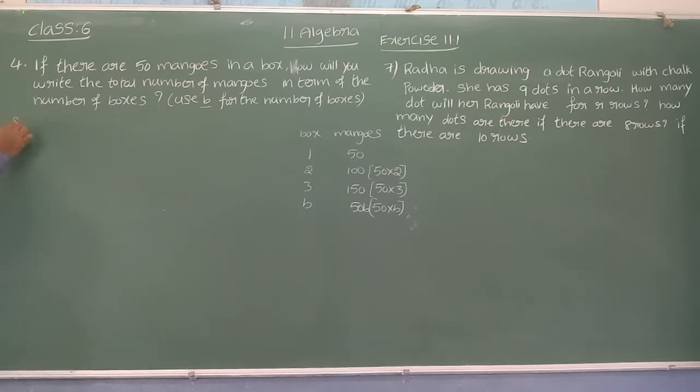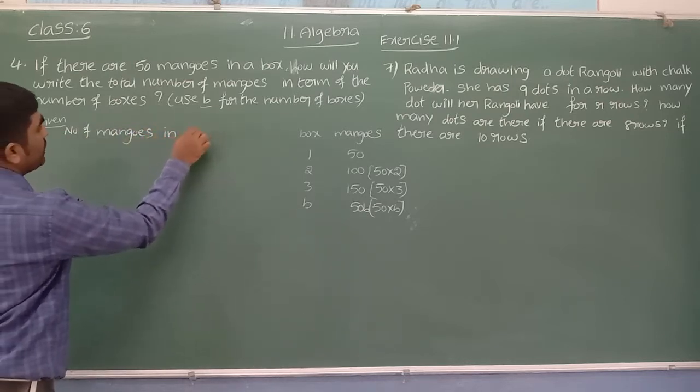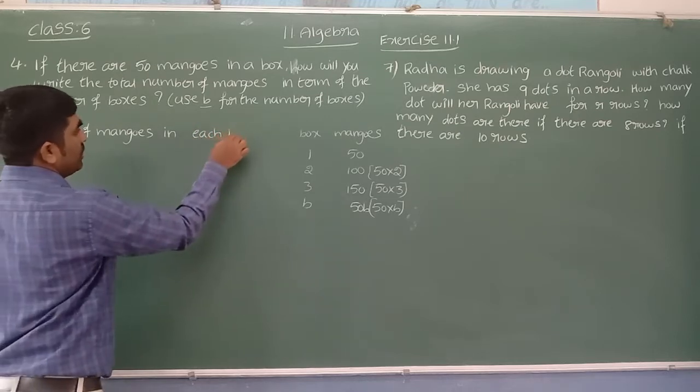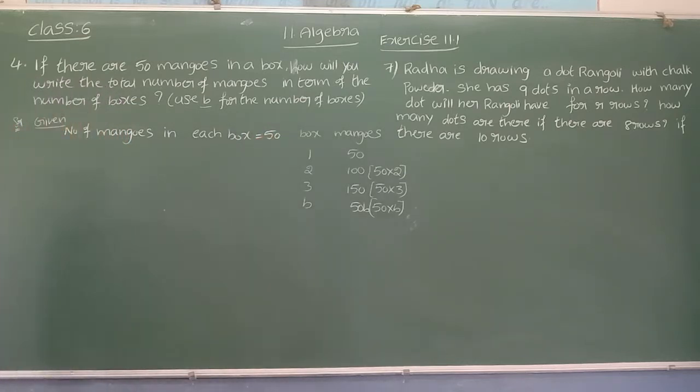Let us write the solution here. Given, what is given, beta? Number of mangoes in each box, or in one box, is equal to 50 mangoes.